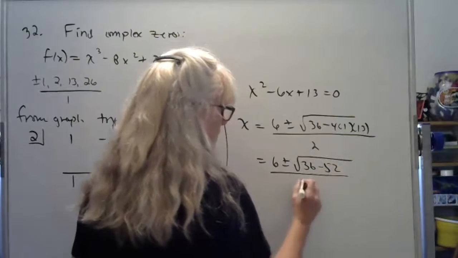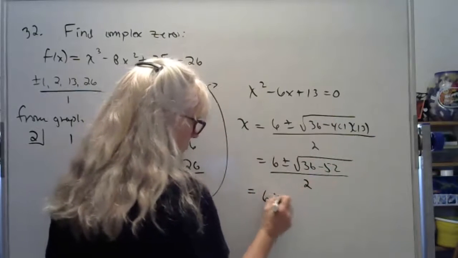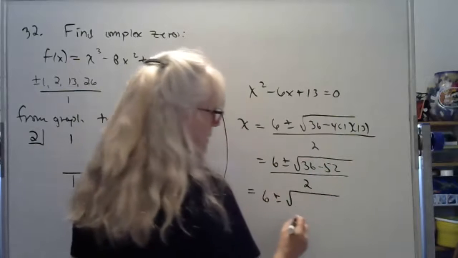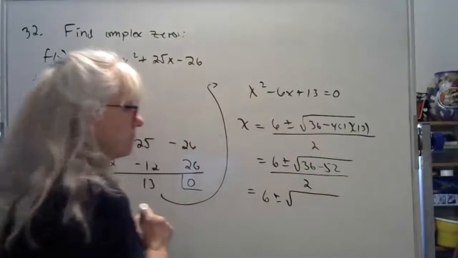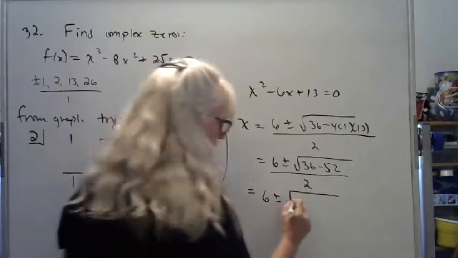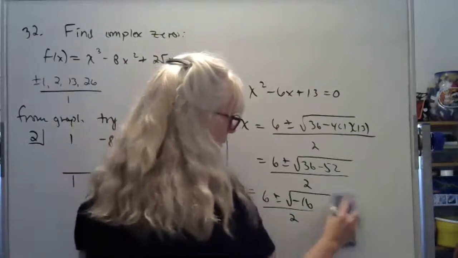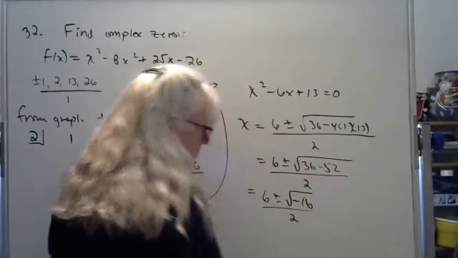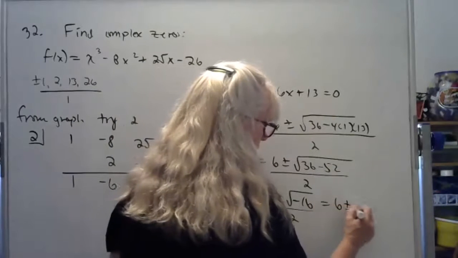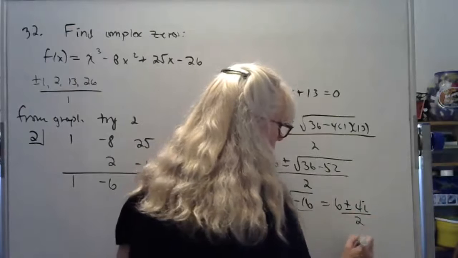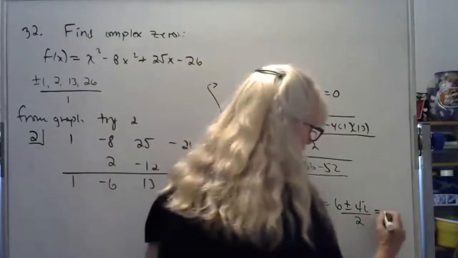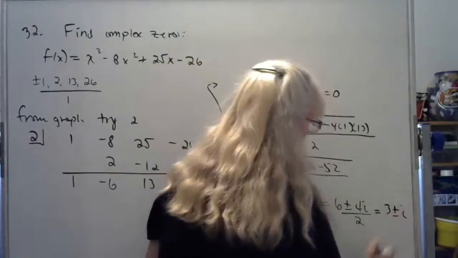So 36 minus 52 over 2. That's going to give me -16 on the inside, which works out really nice because I can take the square root of that. So the square root is going to give me 6 plus or minus 4i divided by 2, and then I'll divide everything by 2. So I end up with 3 plus or minus i.